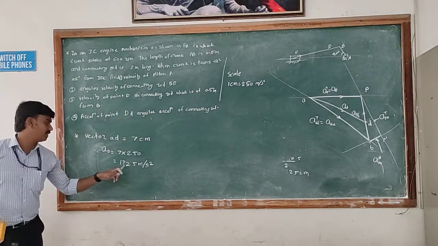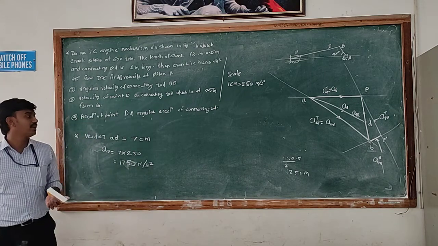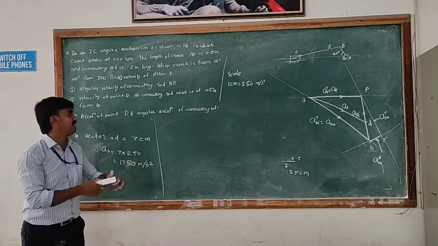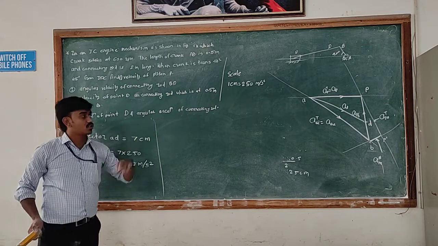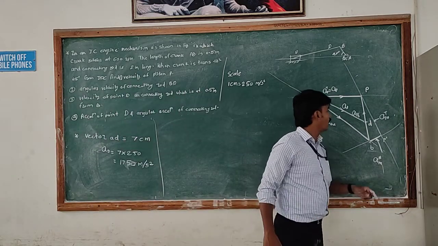Okay, 1750 meter per second square. And the next term they ask is the angular acceleration of the connecting rod.